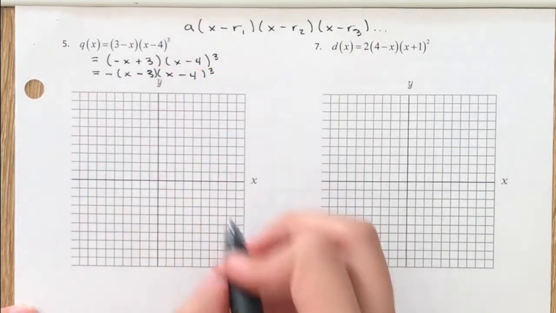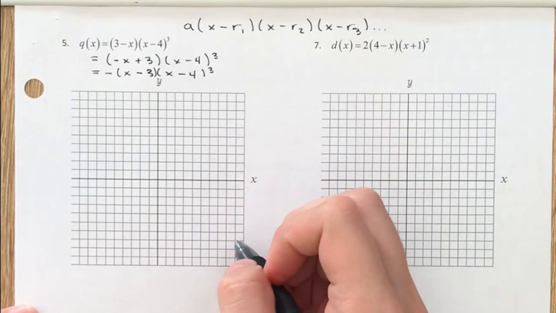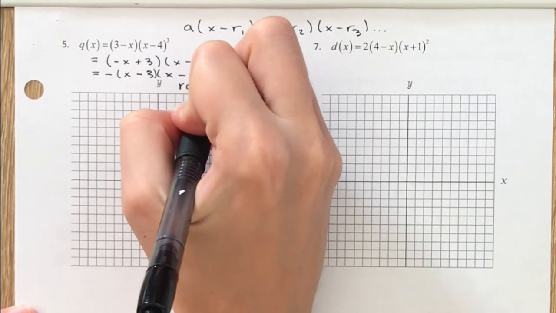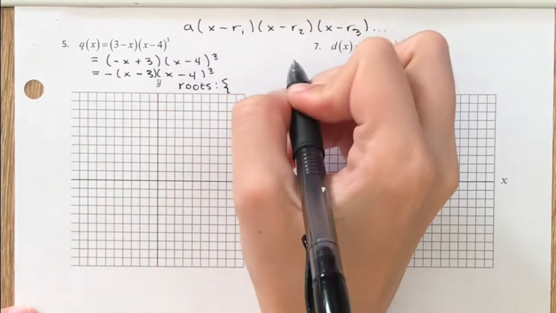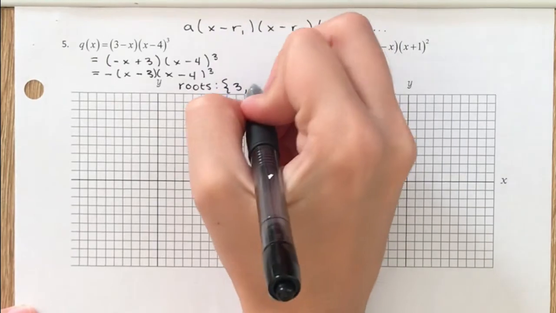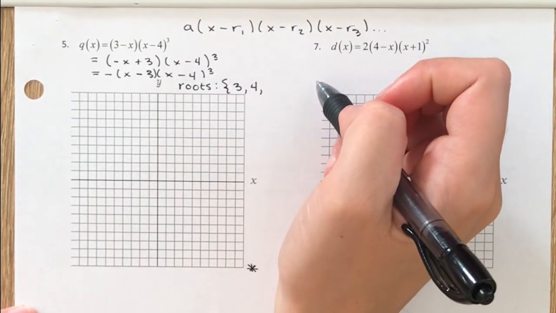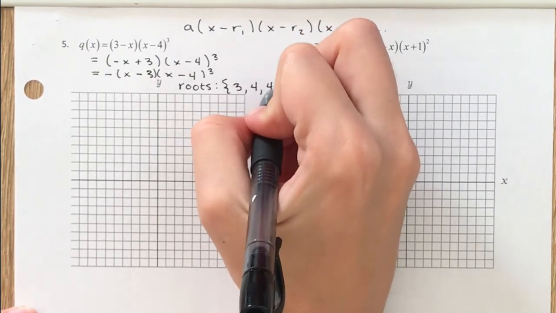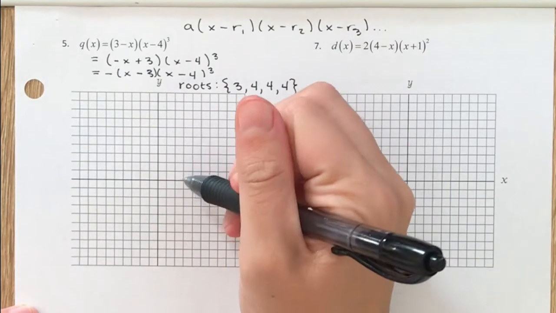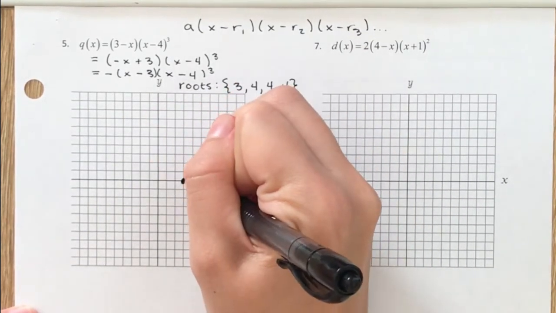So speaking of that, let's draw our asterisk down here. We know we need to aim for this corner here. What are the roots that we have now? We have 1 at 3, and then we have 4 as well, but because of this exponent, we have 3 4s actually. So we've got 3 and 4.